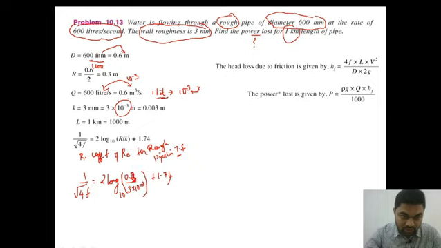So correct this value with 0.3. 2 log 0.3 by 3 into 10 to the power of minus 3 to the base 10 plus 1.74.